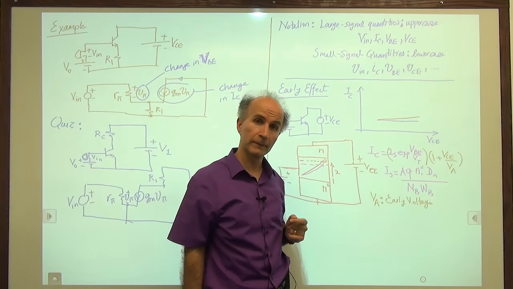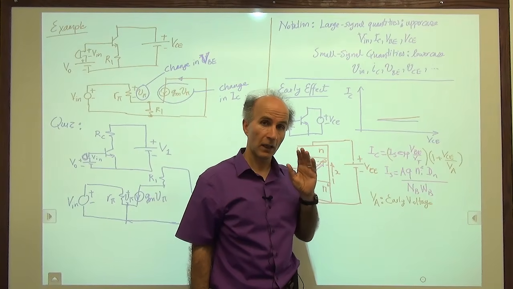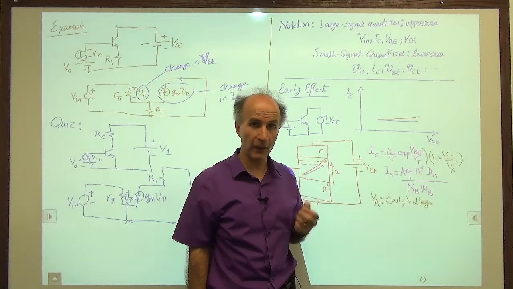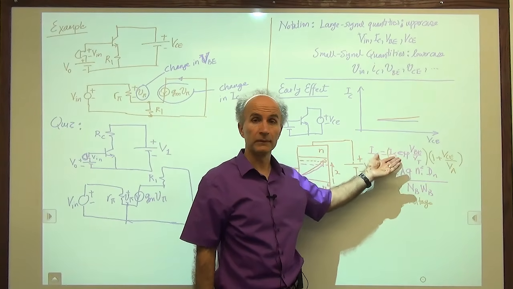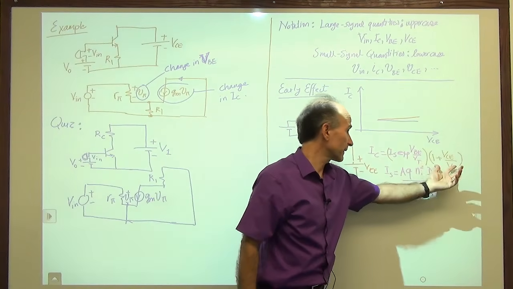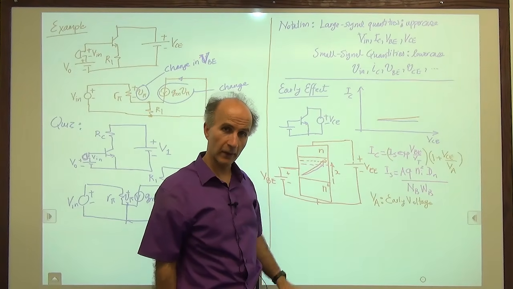Is it still true? And then we said we have a current source that is voltage dependent, GM times V pi, and nothing else between collector and emitter. Is that true? So all of those have to be re-examined in light of what we have discovered in terms of the early effect. So we'll get there and we'll do that.